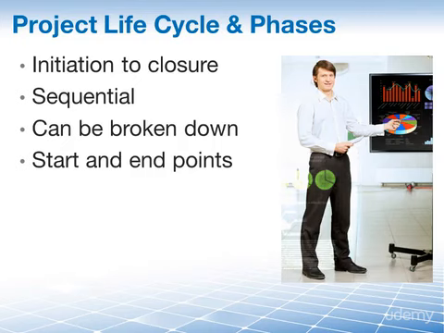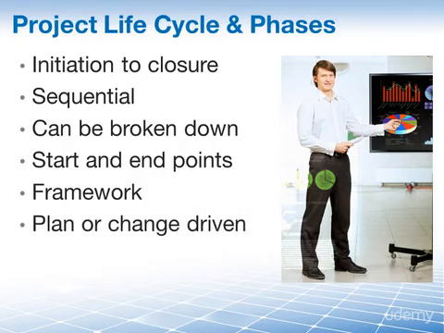This project life cycle provides a basic framework for managing your project, even with the work or deliverables being different for each one. A project can be driven by a range of approaches, everything from a predictive or plan-driven approach to one driven by change. We talk about the differences between these predictive and adaptive life cycles just a bit later on in this lesson.